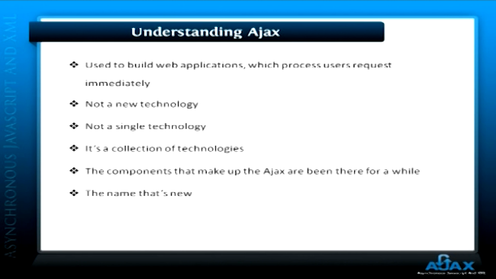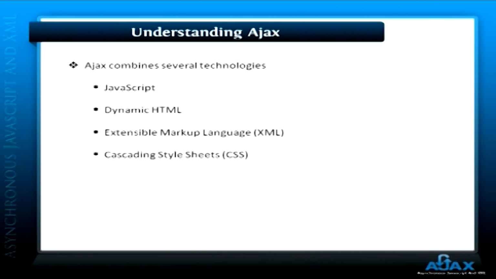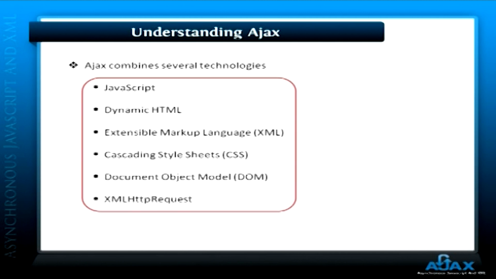Well, as stated before, Ajax combines several technologies like JavaScript, dynamic HTML, extensible markup language (XML), cascading style sheets (CSS), the document object model (DOM), and the Microsoft object, XMLHttpRequest, and these technologies are supported by many modern web browsers.